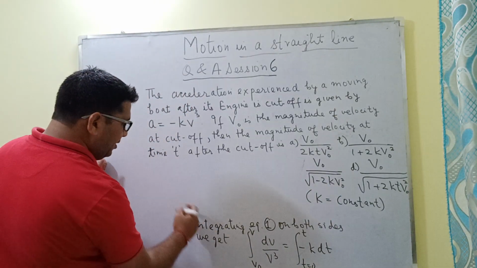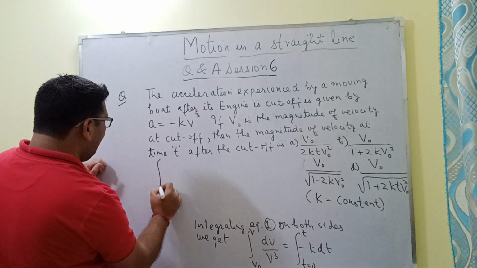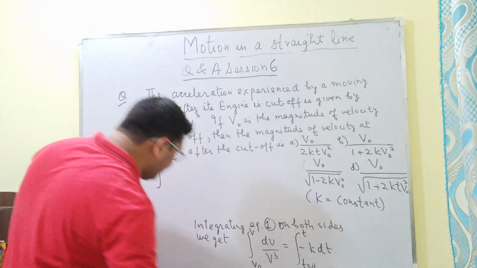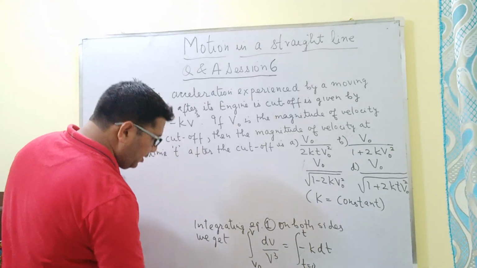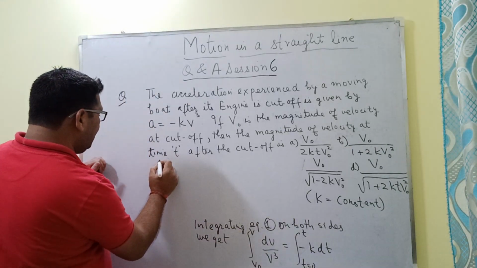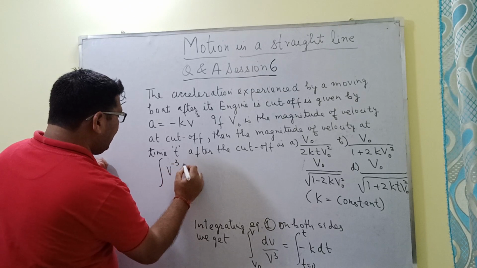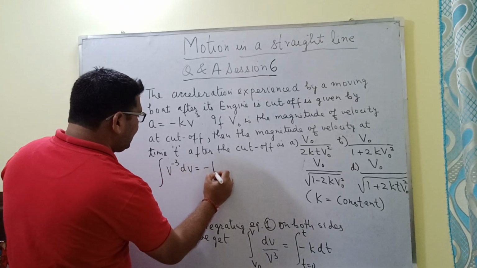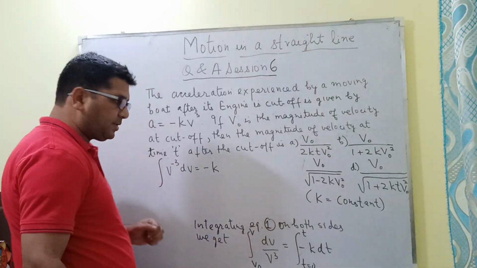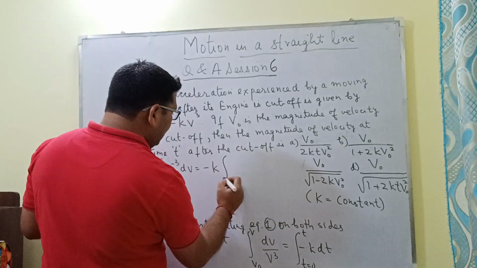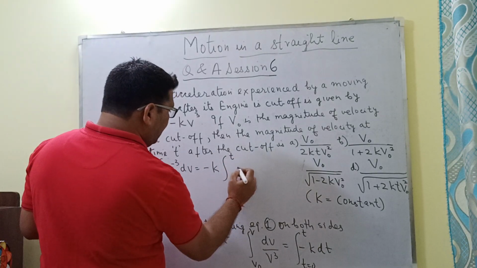So if I integrate it, it can be written as v to the power minus 3 dv is equal to minus k, k is a constant so it can be taken out, from 0 to t dt.